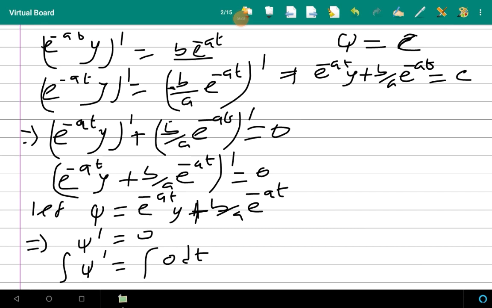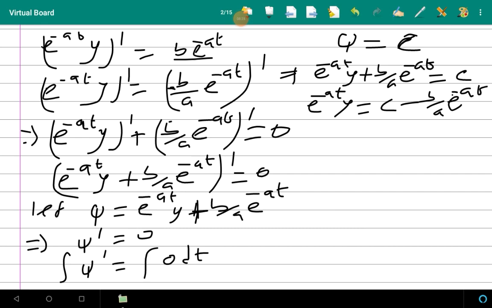I'm looking for y, so I maintain y on the left hand side. So I have e^(at) y equal to c, and moving this across gives minus b over a e^(at).